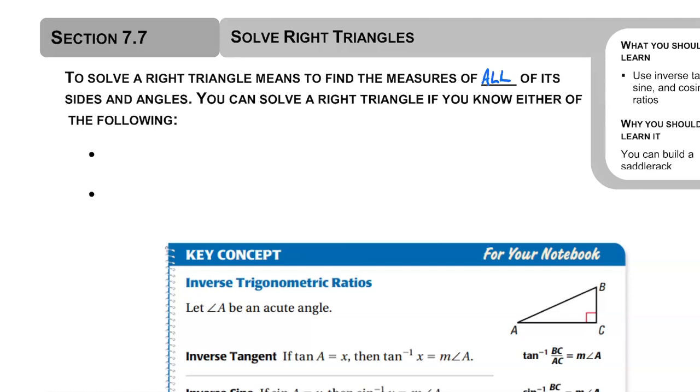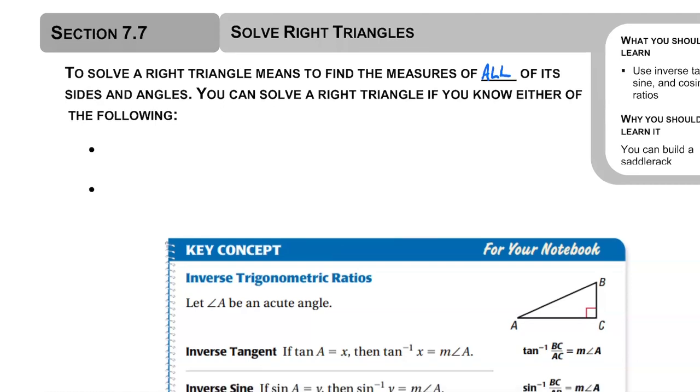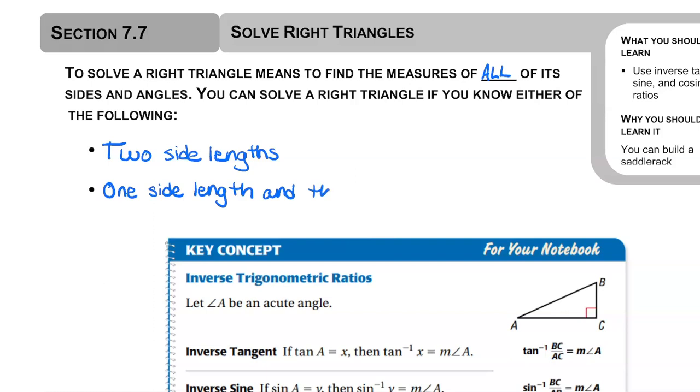So you can solve a right triangle if you know either of the following. Either you know two side lengths, or you know one side length and the measure of one acute angle.